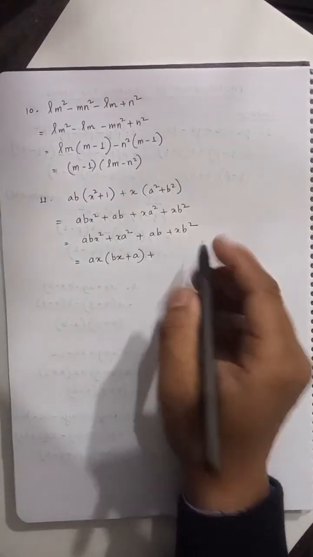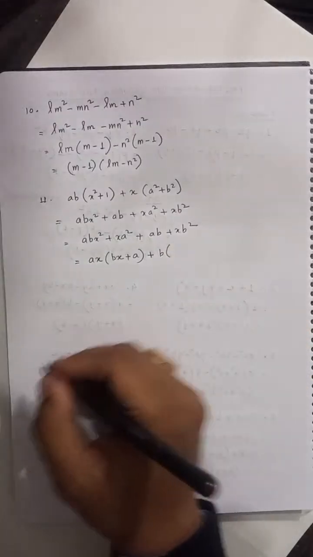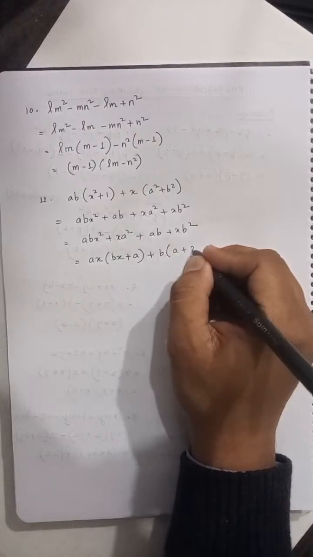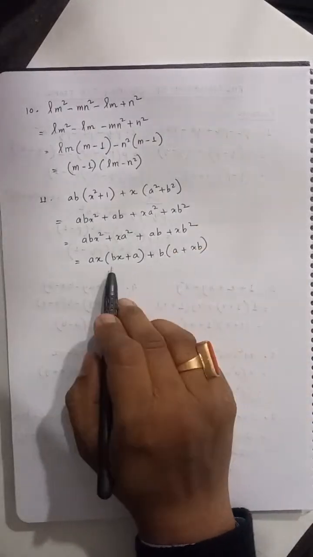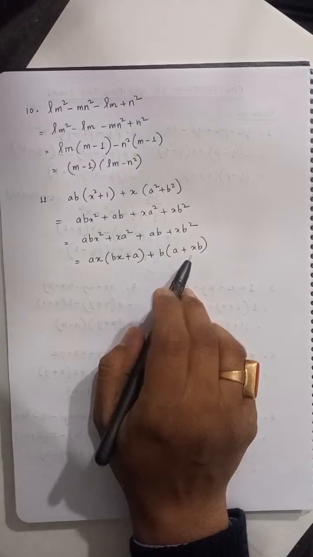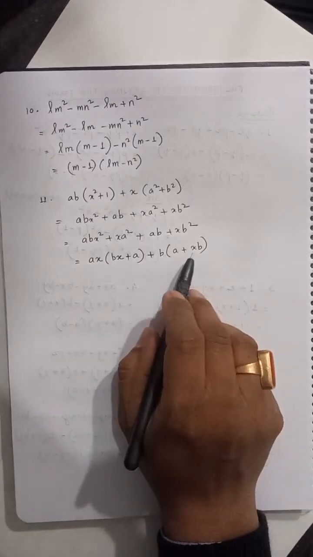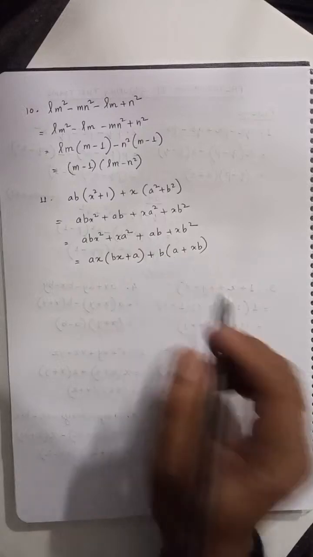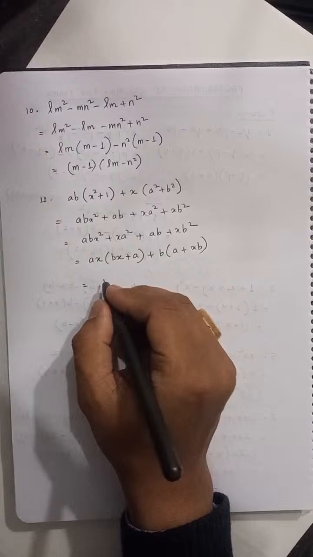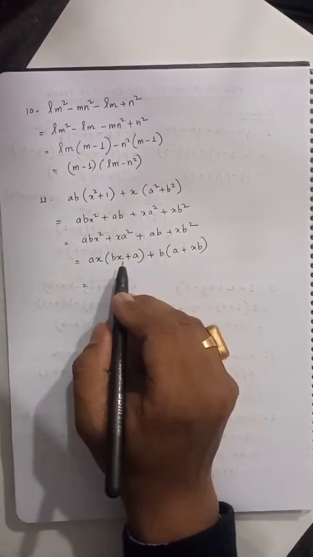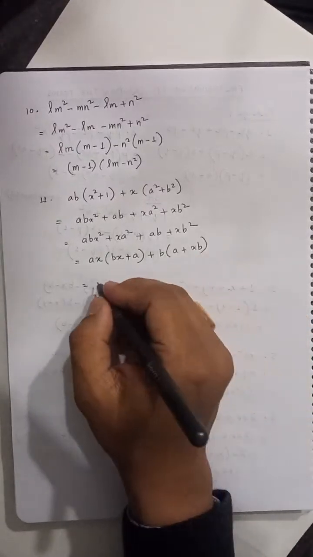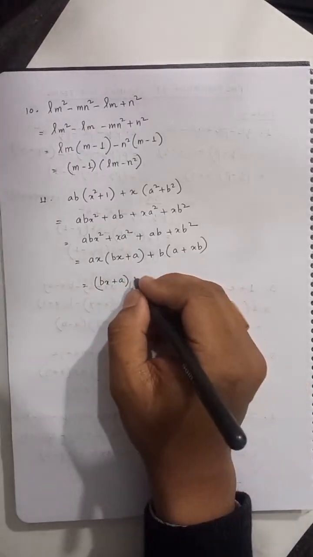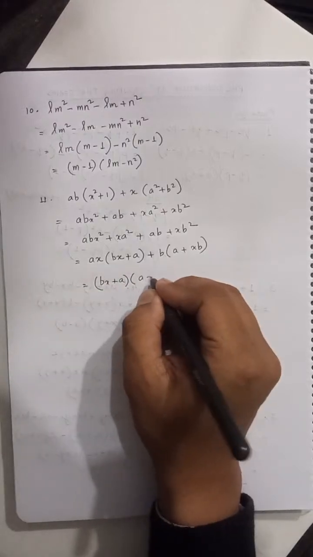And we can take b as the common factor, and then we'll have a and xb. Now see, these two are actually the same terms. Bx is same as xb, and bx plus a is same as a plus xb. So out of these we can take bx plus a as common. So bx plus a and ax plus b.